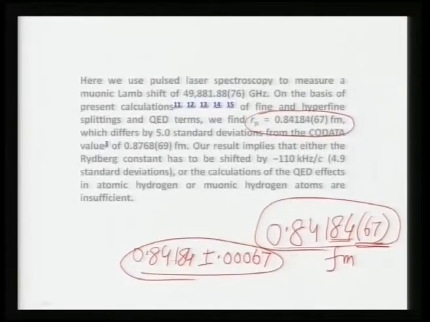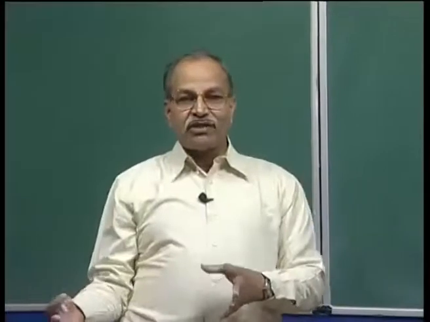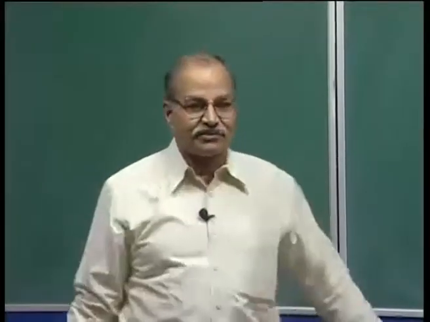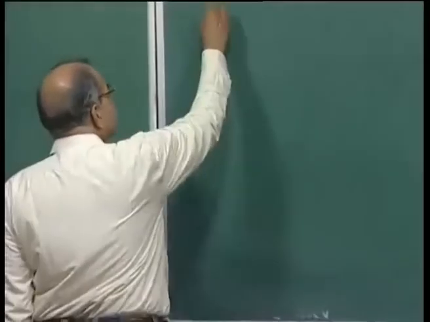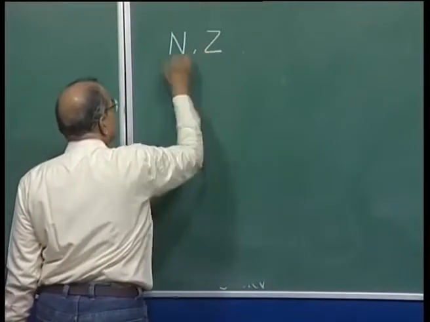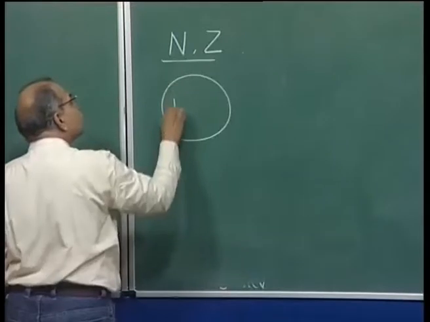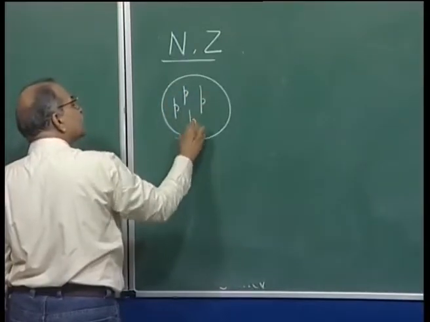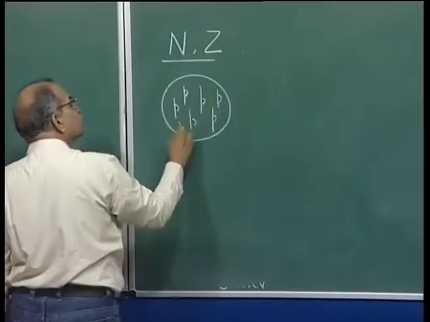Okay. So, let us look at the number of neutrons and number of protons in a nucleus. Nucleus is made from neutrons and protons. So, in the nucleus you have certain protons, and also certain neutrons.